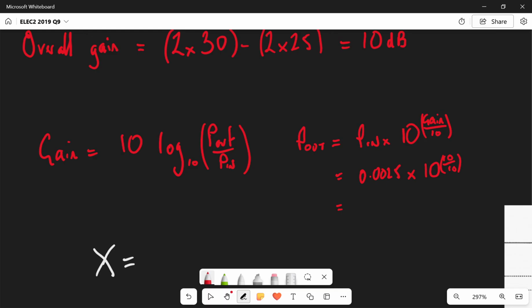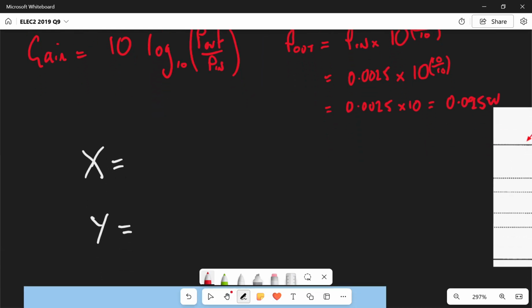Now hopefully you're aware that 10 over 10 is 1, 10 to the power of 1 is 10, so this is 0.0025 times 10, which gives us an answer of 25 milliwatts, or 0.025 watts. Okay, I'll just try and make that look more like a 2.